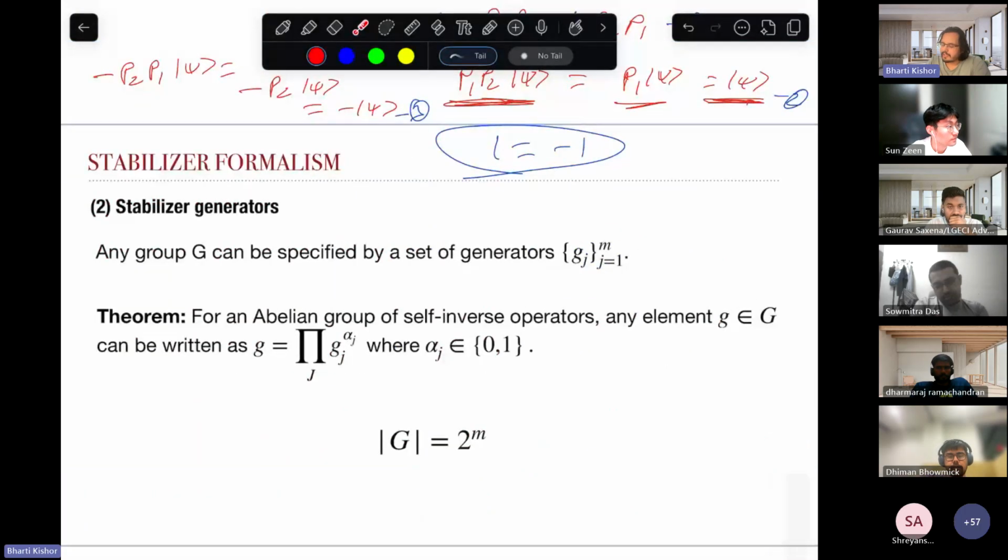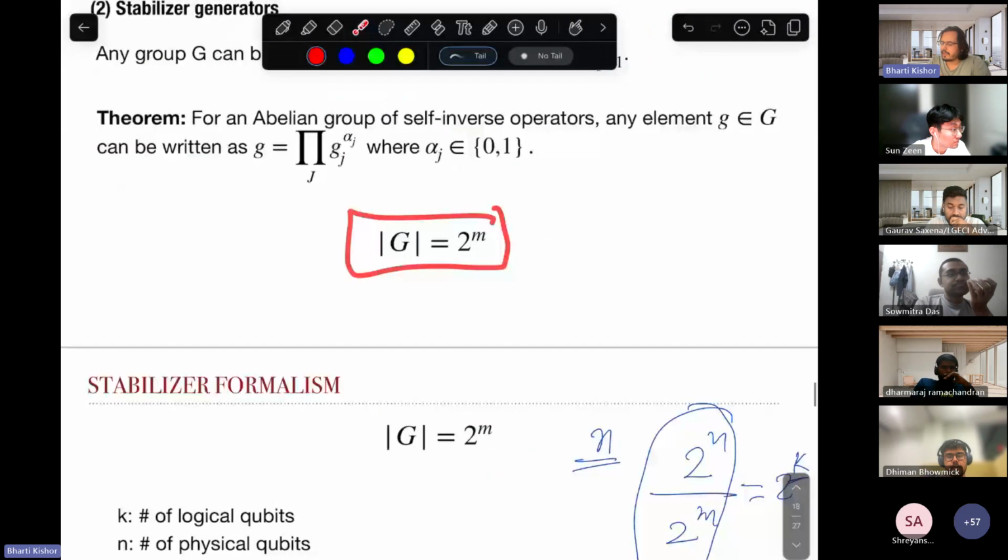And then we said that any group you can specify by a set of generators, and in our stabilizer case, because we're working with an abelian group of self-inverse operators, if you have m generators, then the size of the group will be 2 to the power m.